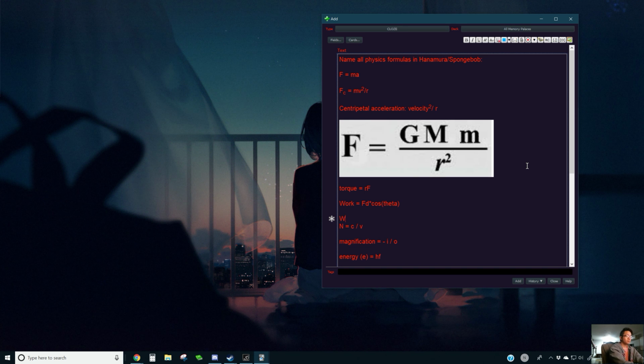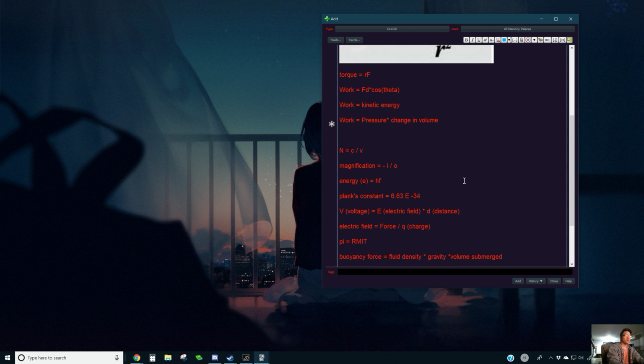We also have work is equal to 1/2 mv squared, actually, we'll just say kinetic energy. We're going to say work is also equal to pressure multiplied by the change in volume. After that, the next thing is power.